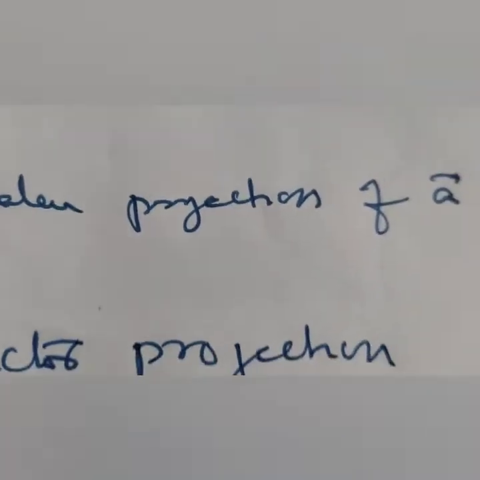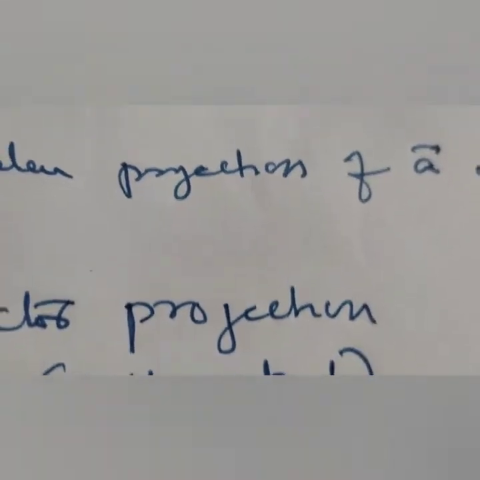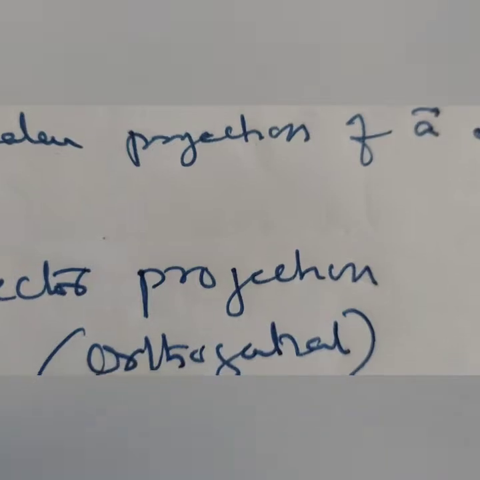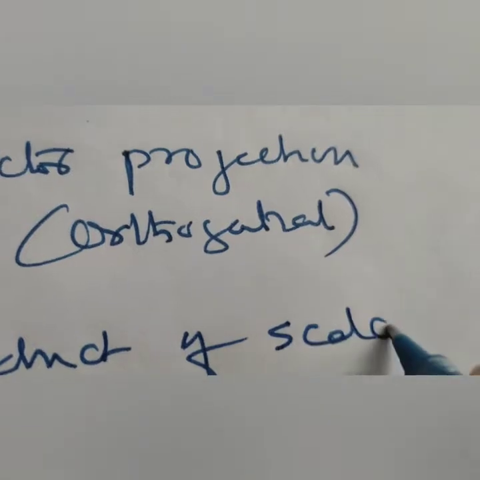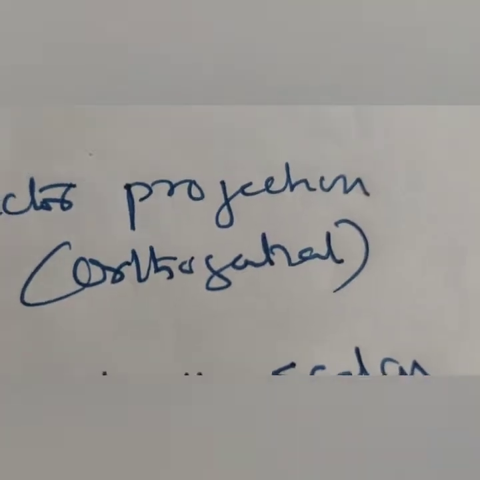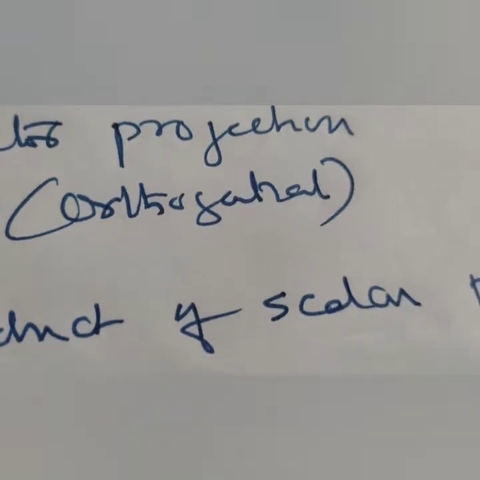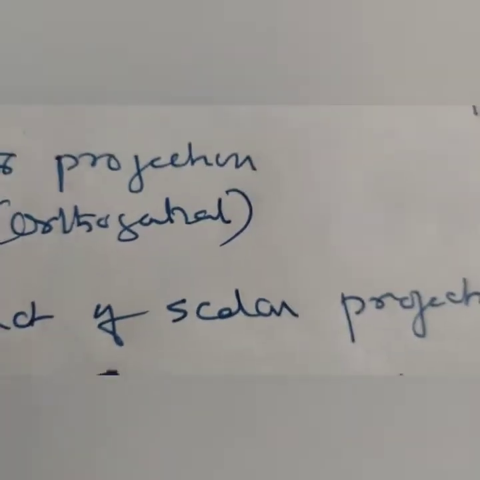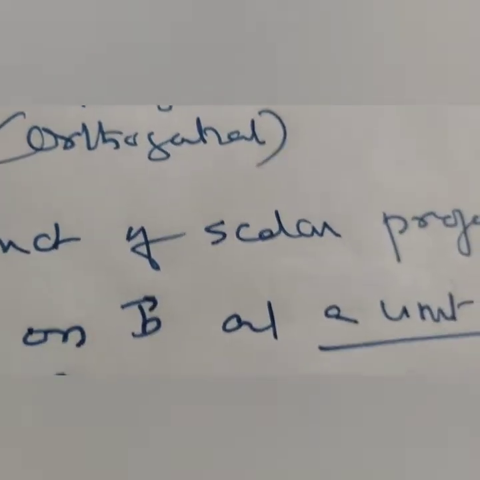Vector projection means it is an orthogonal projection. Vector projection is the product of the scalar projection of A on B and a unit vector along B.